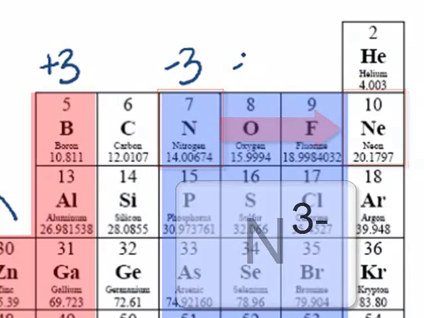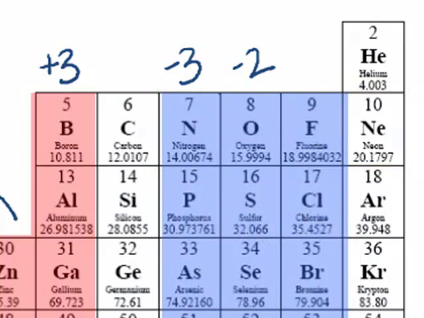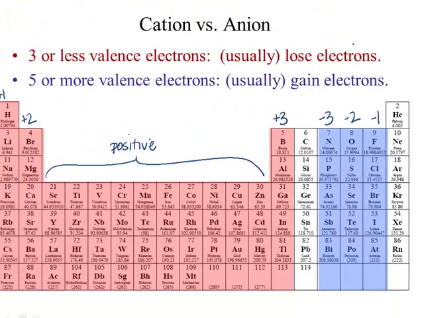Oxygen is likely to form a -2 charge, along with everything else in group 6. Group 7 is likely to form a -1 charge, because these elements only need to gain 1 electron to become isoelectronic with the gas directly to their right.